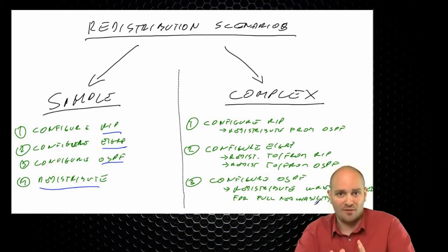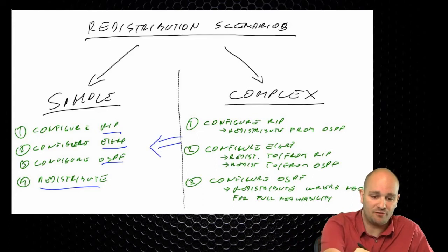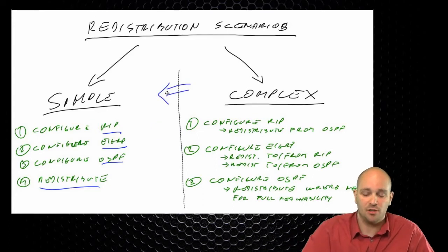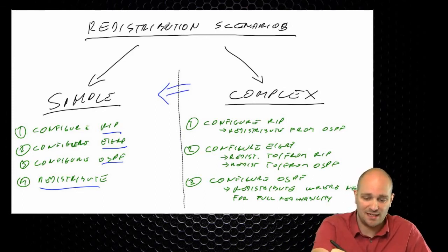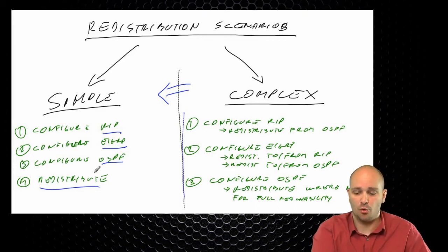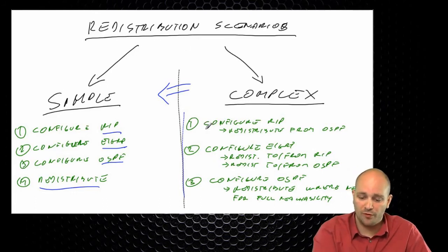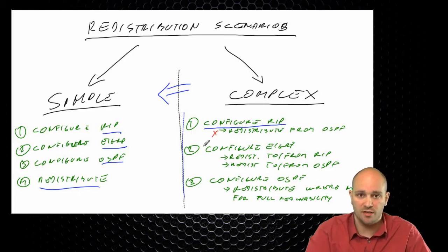Now, when you have a complex redistribution scenario, what you need to do is you need to make it simple for yourself. So you need to simplify it yourself. You need to translate these complex tasks into a set of very simple tasks. So you need to configure RIP, and at this point don't do the redistribution.